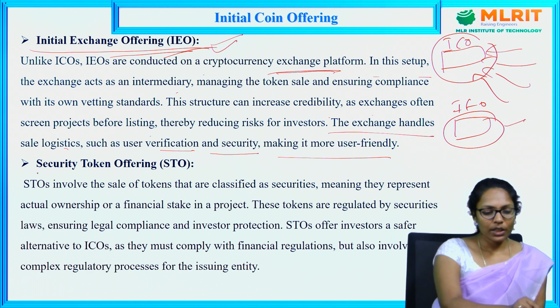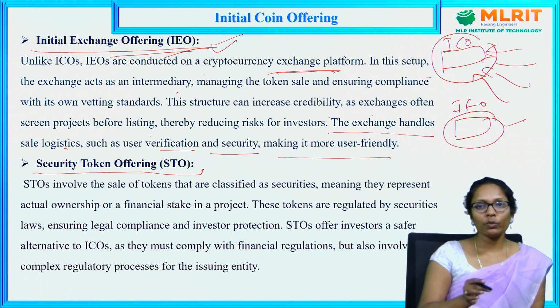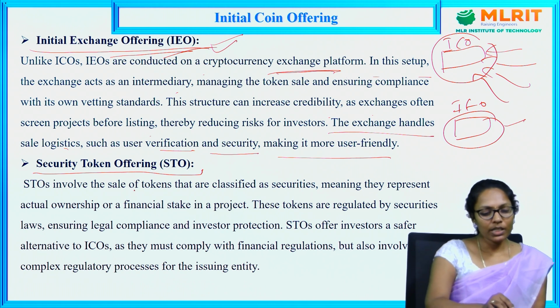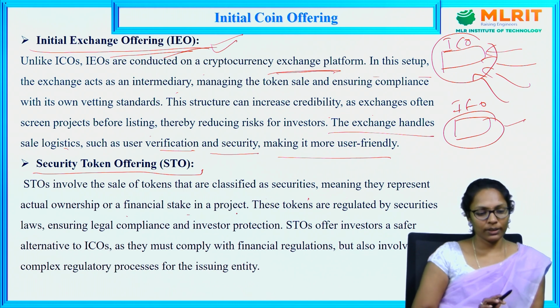Next is the security token offering. This is also one of the fundraising mechanisms followed by the blockchain. STOs involve the sale of tokens that are classified as securities, meaning they represent actual ownership or a financial stake in the project.